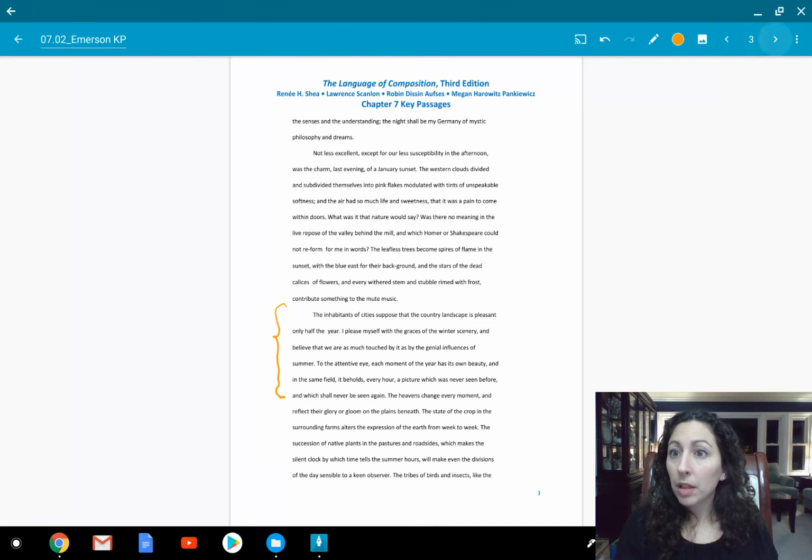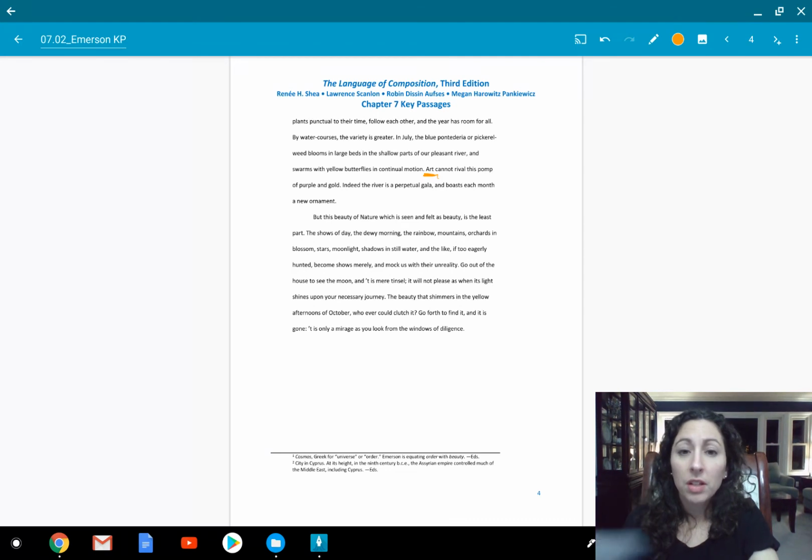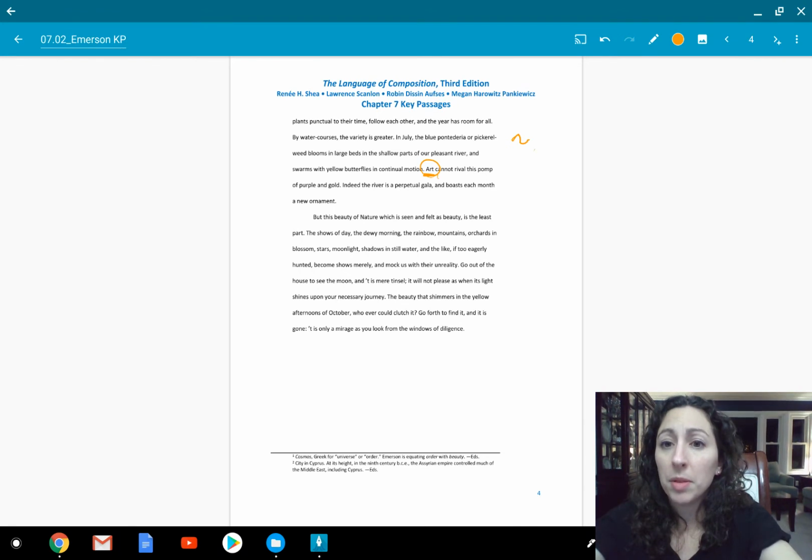And then let's see what we have at the very end that I wanted to point out. "Art cannot rival this pomp of purple and gold." Okay, so some personification, imagery, of course. And throughout, there is this connection that he develops between nature, beauty, and art.